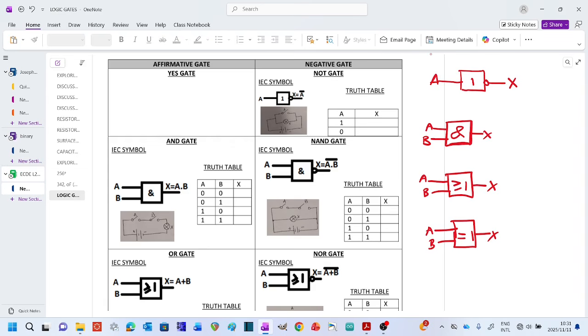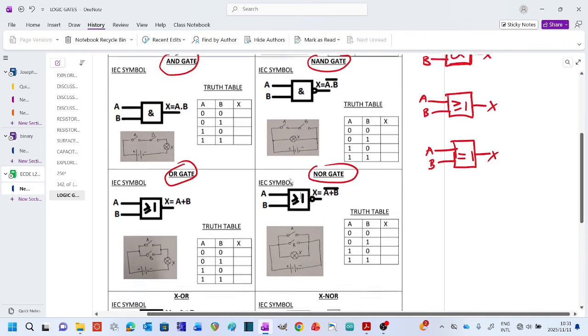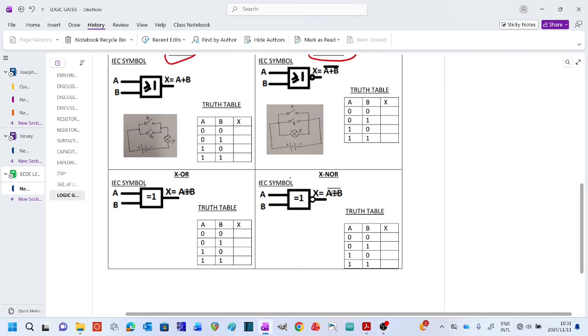That's very simple. Here you have an AND gate, and the opposite of AND is NAND. Here you have an OR gate, the opposite of OR is NOR, and then you have an XOR gate, the opposite of XOR is XNOR.